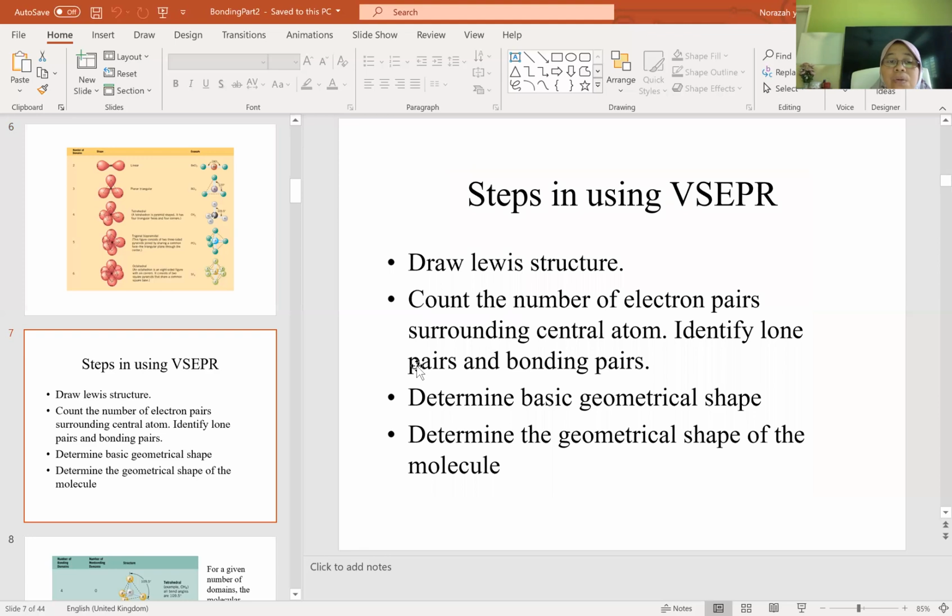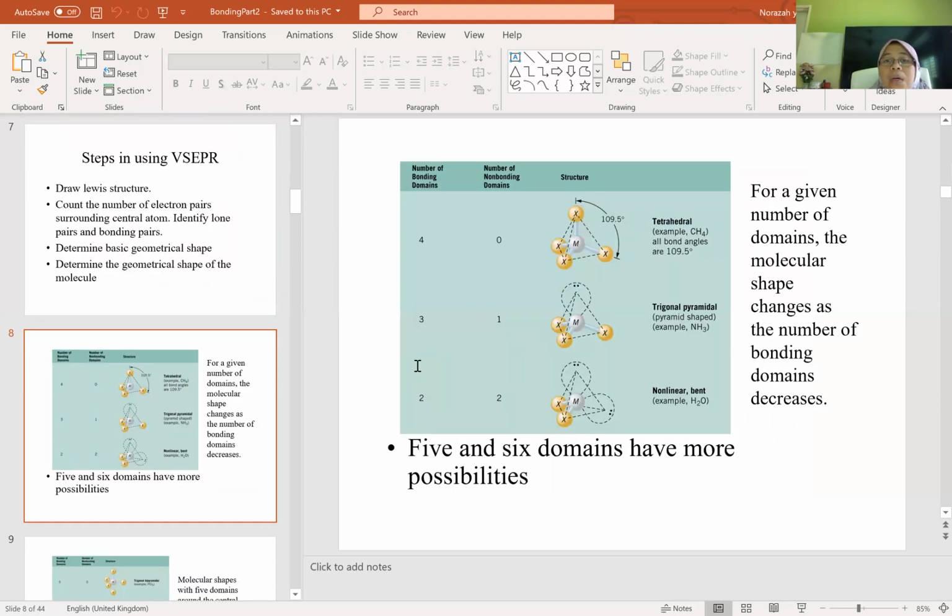But if you split the 4 into, let's say, 0 lone pairs or 0 non-bonding, then the structure will be the same, tetrahedral. But if out of 4, 3 pairs are involved in bonding domain and 1 pair in non-bonding domain, then you have what we call trigonal pyramidal.